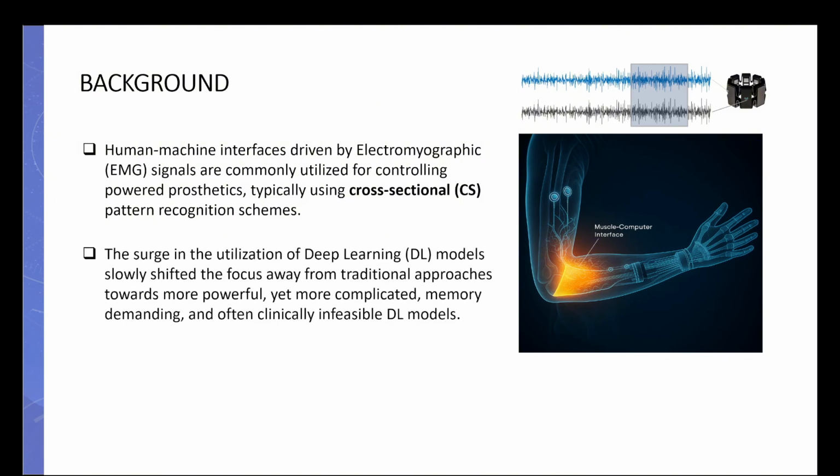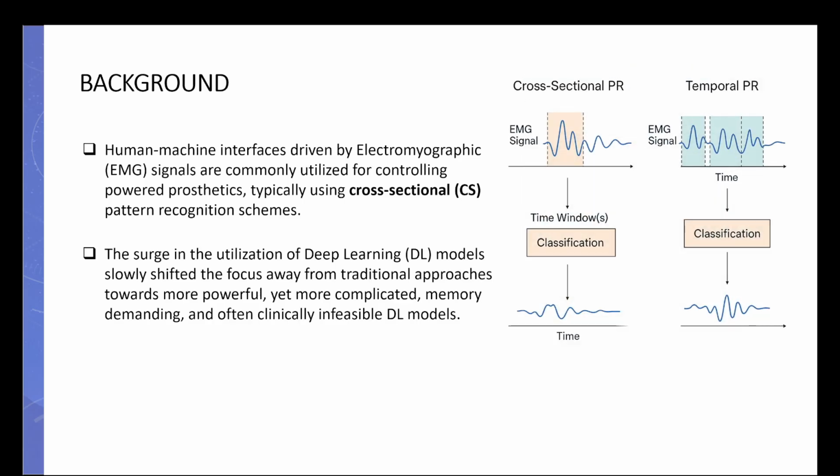The surge of utilization of deep learning models slowly shifted the focus from the traditional approaches into more powerful but complicated, memory demanding, and often clinically infeasible DL models. The main difference here is that the traditional approach was cross-sectional.